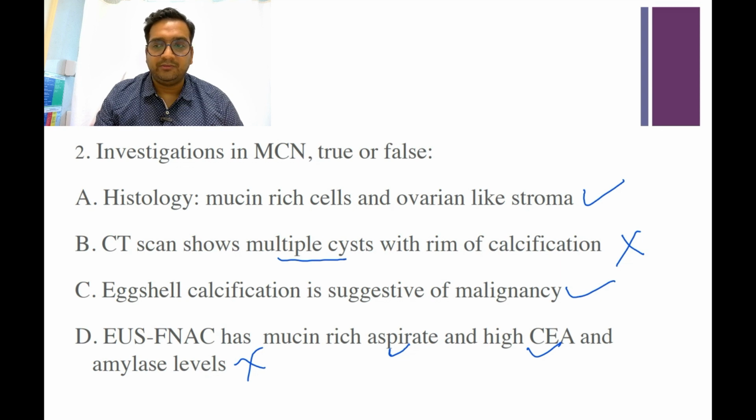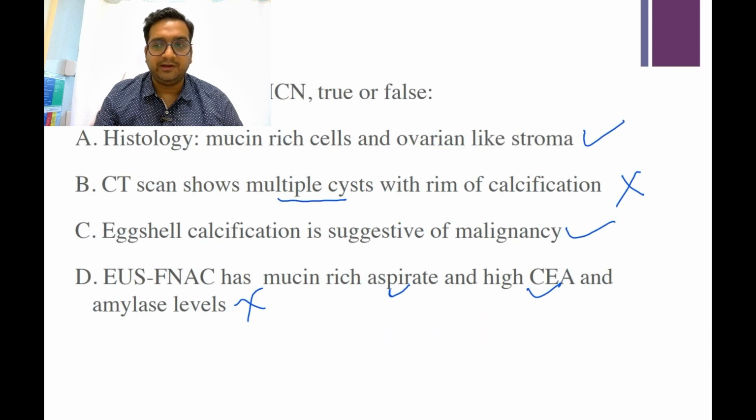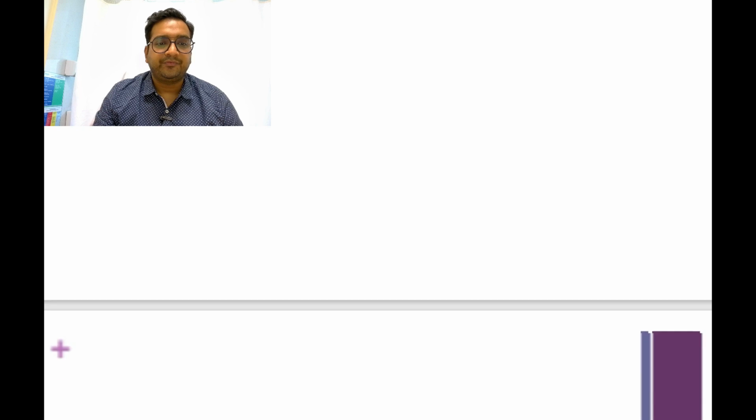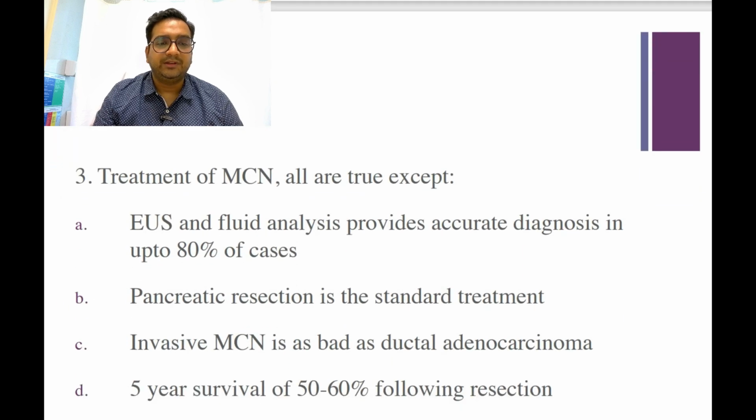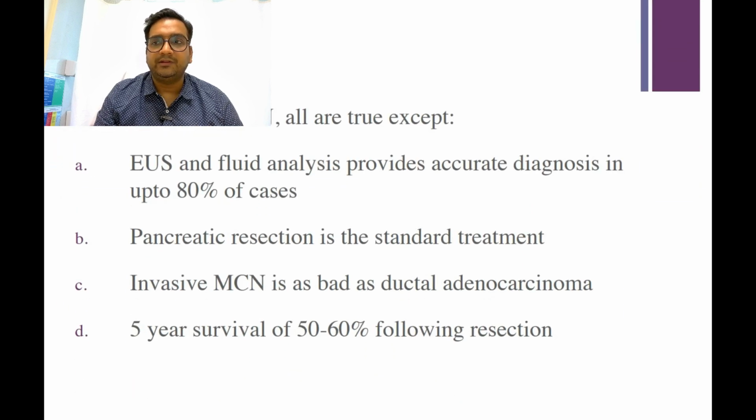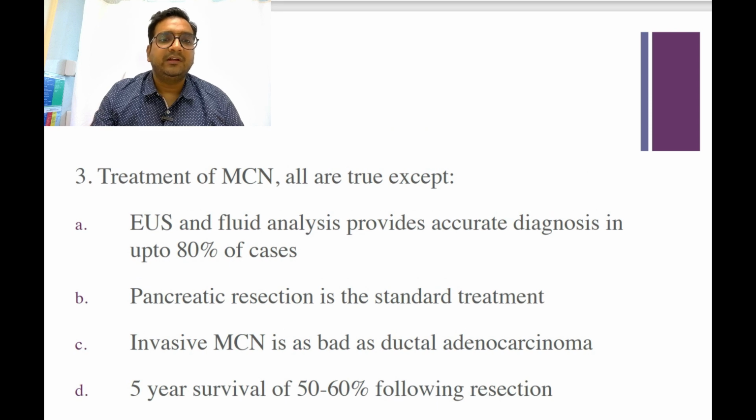Okay, now the next question, which is related to treatment of MCN. EUS and fluid analysis provides accurate diagnosis in up to 80% of cases. Yes, this is true. Pancreatic resection is the standard treatment of choice. True, because there are chances of malignancy.